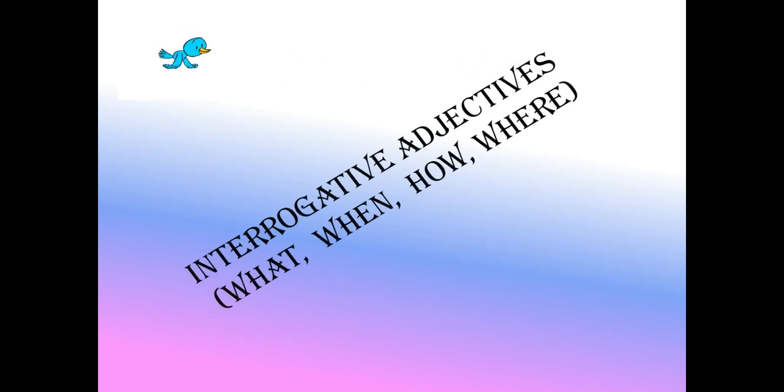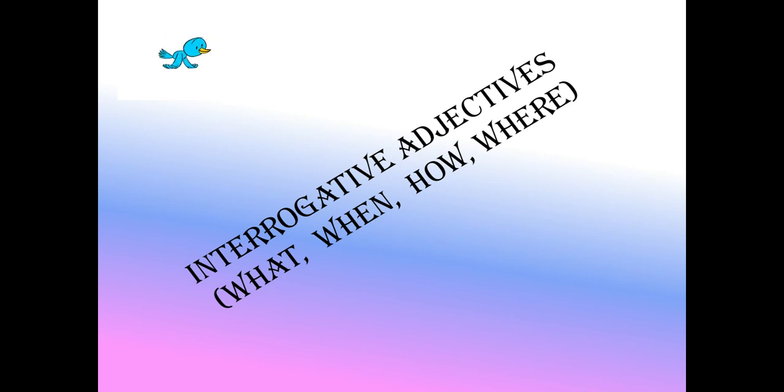Now, coming on to interrogative adjectives. An interrogative adjective is a word that modifies a noun by asking a question. It is also known as an interrogative determiner. Do you remember your kinds of sentences? Interrogative sentences are those in which a question is asked.